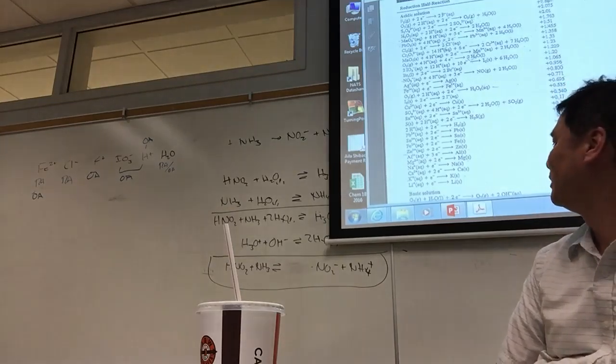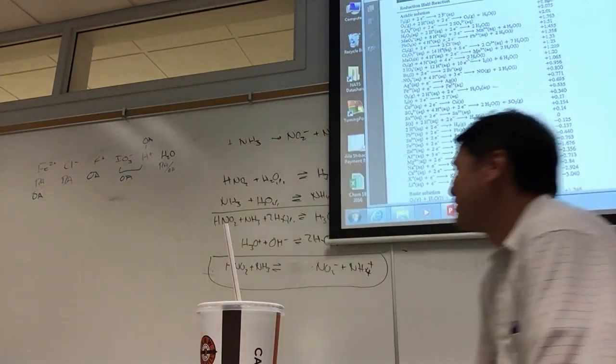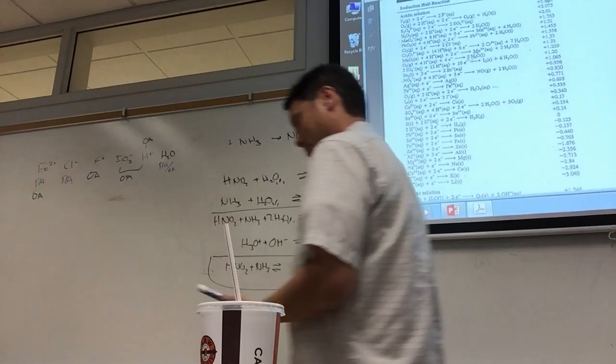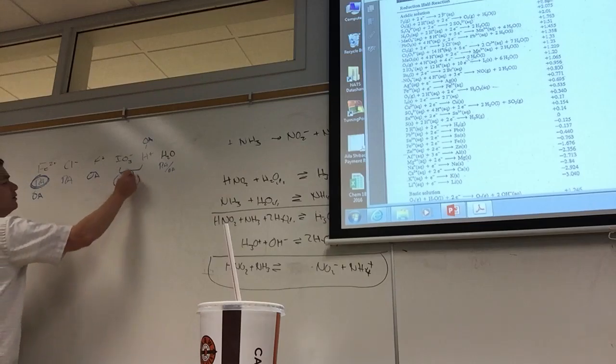Which is going to be what? Fe2 plus is correct. Fe2 plus will be our RA. What will be our OA? Iodate and H+. This will be our OA.